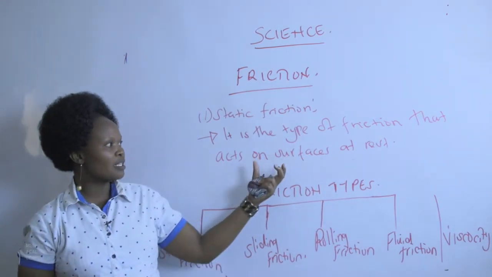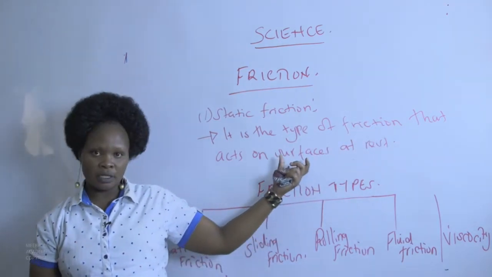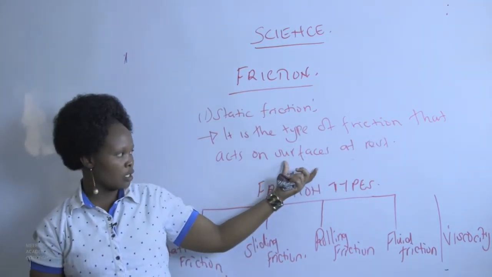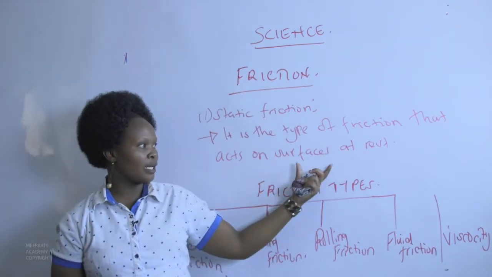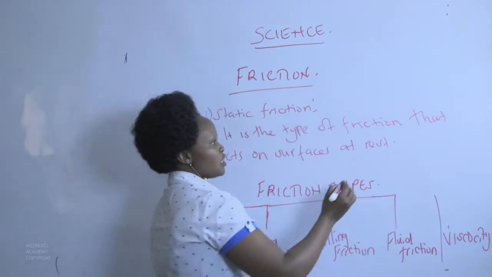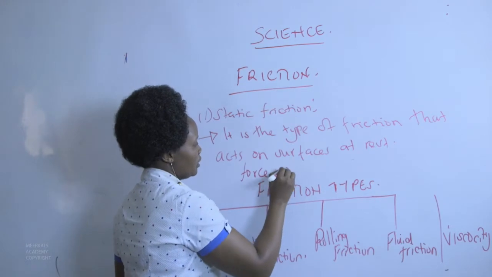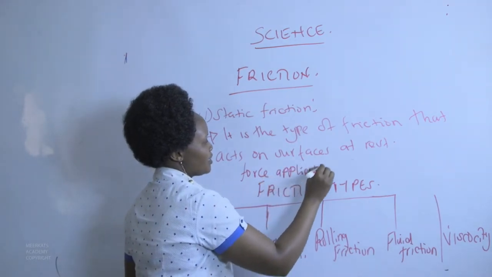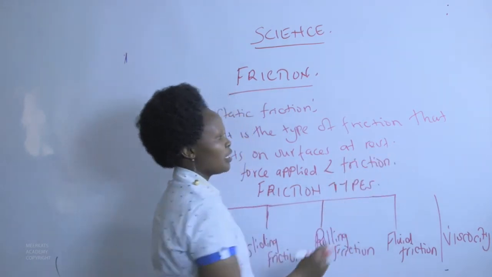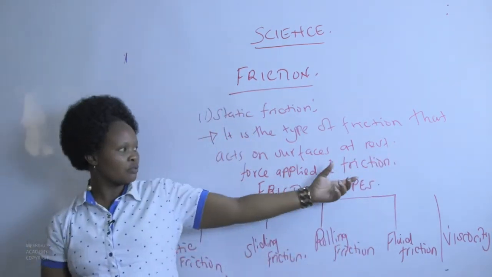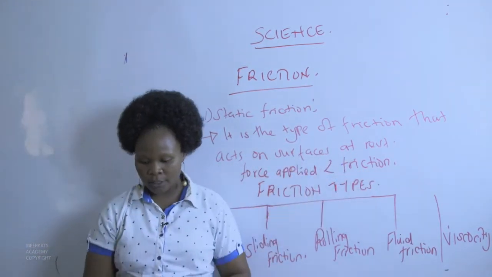What it means is that the amount of friction that opposes the force that you are applying on the object is more than what you are applying, and therefore the force applied is less than friction. That is why your object does not move, although you have applied some force to it.